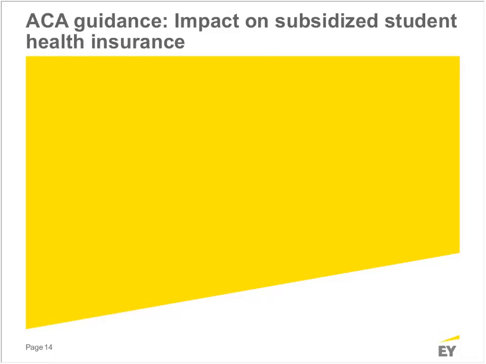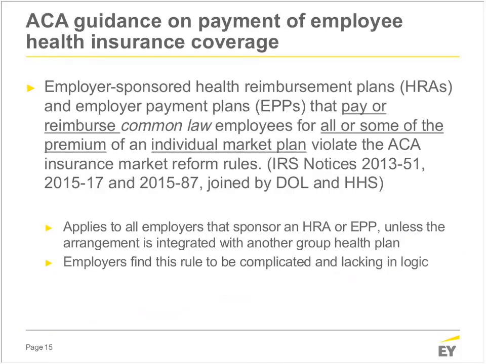So maybe if we move to the next slide, I'm going to take a stab at explaining a rule that, frankly, took the IRS three notices and several FAQs to explain to taxpayers, not just to universities and colleges, but to all businesses that offer health reimbursement arrangements or other types of employer payment plans, which basically means that the employer is paying for or reimbursing the coverage provided on the individual market.